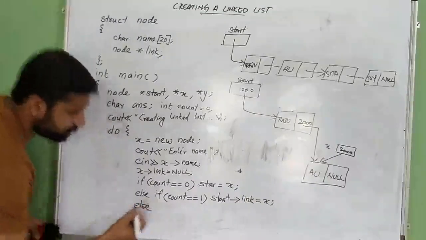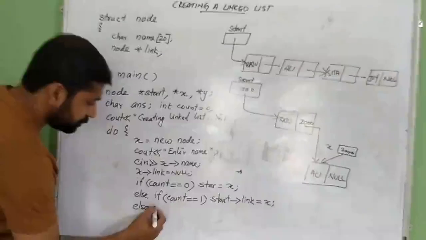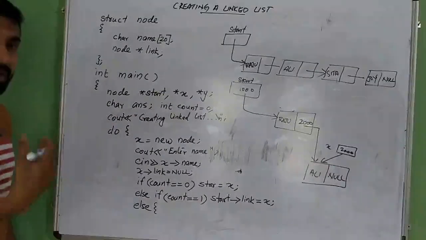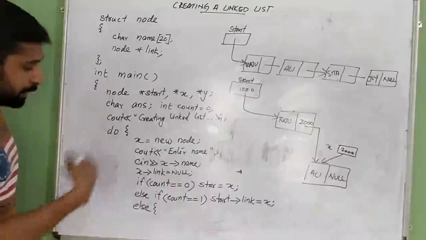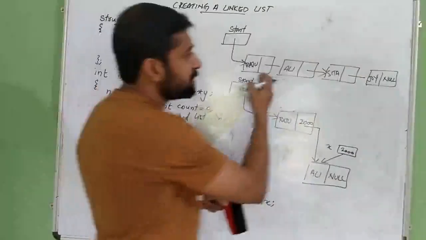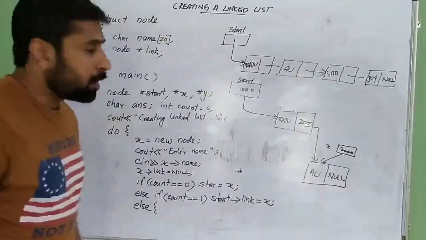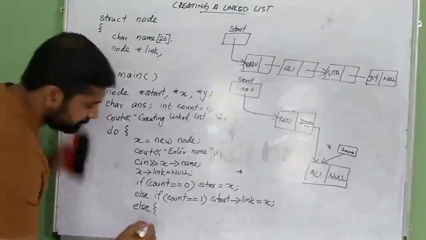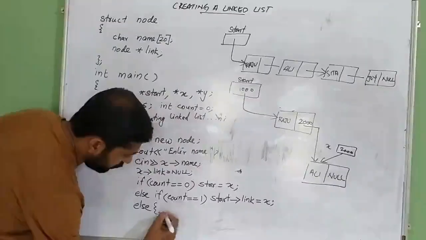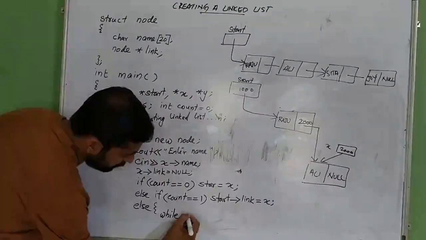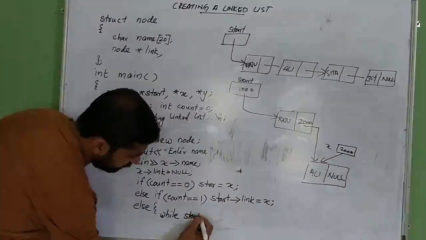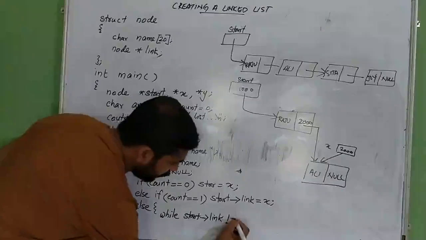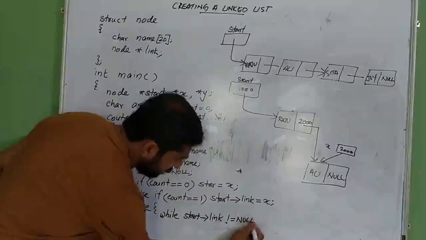Now else. Third case, we have to traverse till the end of the linked list. So else, while start arrow link not equal to null.